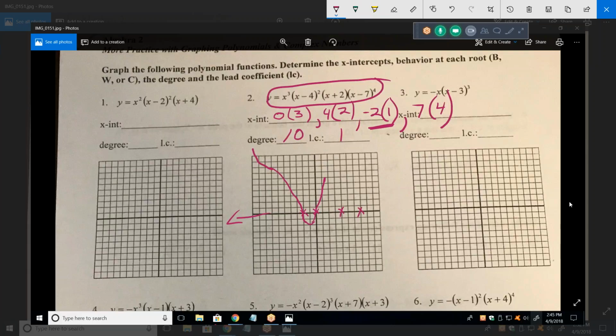Now, at 4, what's the multiplicity? 2. So does that mean it bounces or goes through? Bounces. And finally, at 7, what is the multiplicity? 4. Bounce or go through? Bounce. There's your curve.